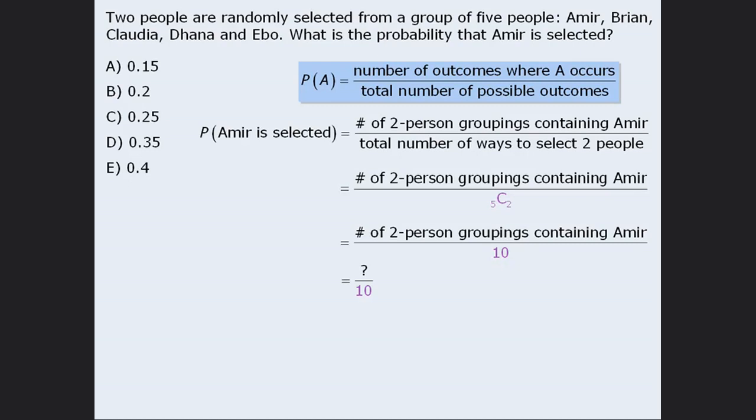Since the denominator is 10, we know that the correct answer cannot be 0.15, 0.25, or 0.35. None of these can be the correct answer since there is no integer that, when divided by 10, will result in any of these decimals. So even though we cannot definitively answer the question, we are still able to eliminate 3 answer choices before we guess. Incidentally, the correct answer here is E, and in future lessons we will examine techniques for solving this question.